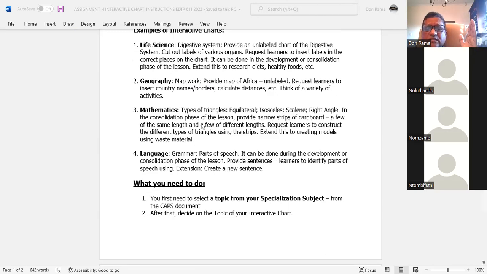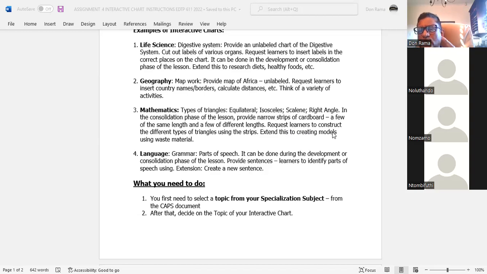Mathematics, you can teach the types of triangles, equilateral, isosceles, scalene, right angle, and so on. Here, you can cut strips of paper, right? And you can actually construct the triangles on your format. If you have 3 equal sizes of paper, you can make a triangle, and that's an equilateral triangle.